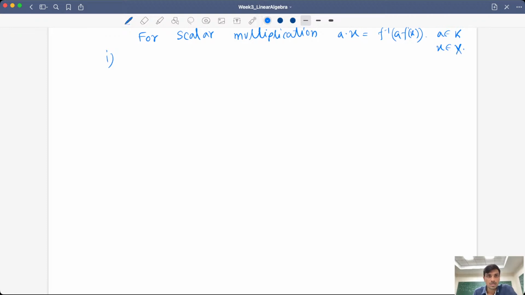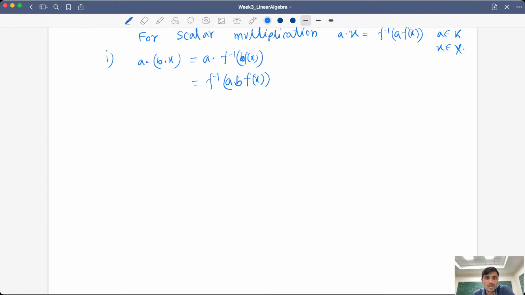So first one again, like take a dot b dot x, ab belongs to K, so this is by definition a dot f inverse of b fx, but this is again by definition f inverse of a dot f of f inverse of bfx, so this is just bfx, right?